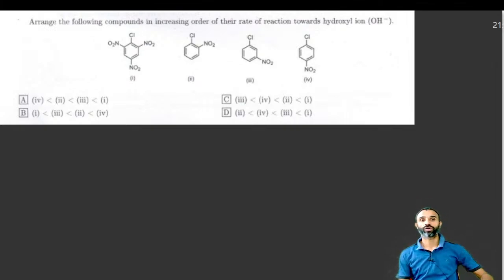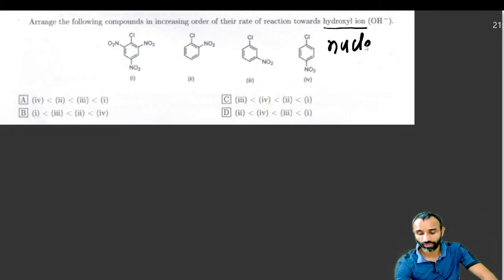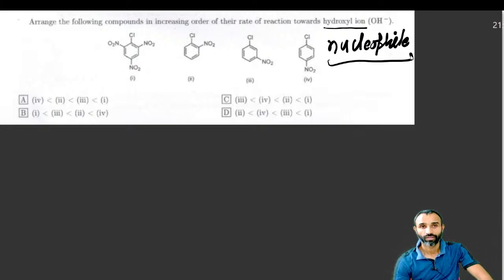Next, arrange the following compounds in increasing order of their rate of reaction towards hydroxyl ion. So you know hydroxyl is behaving as a nucleophile here. When a nucleophile attacks, it will attack on the ring where electron density is low.